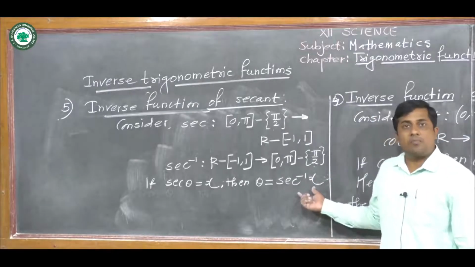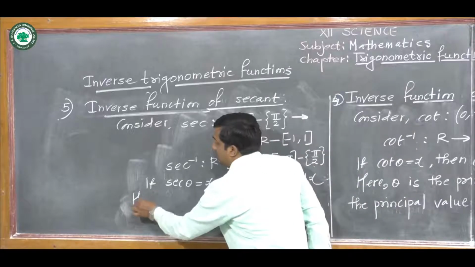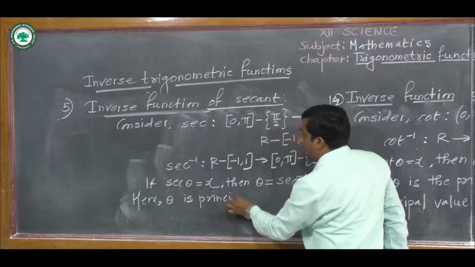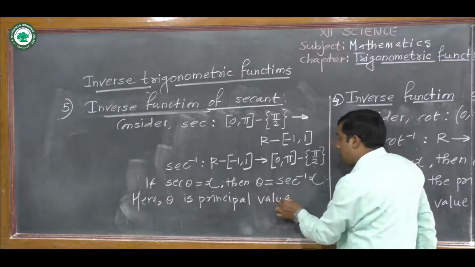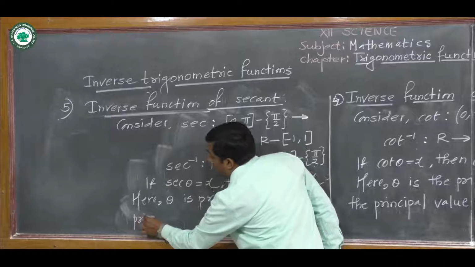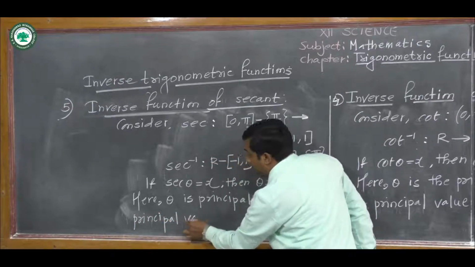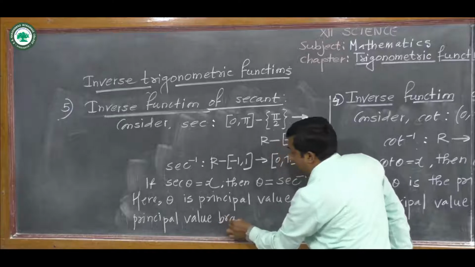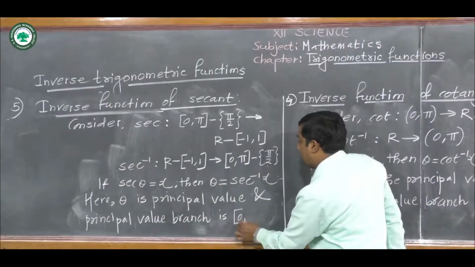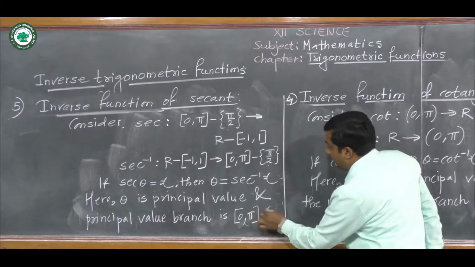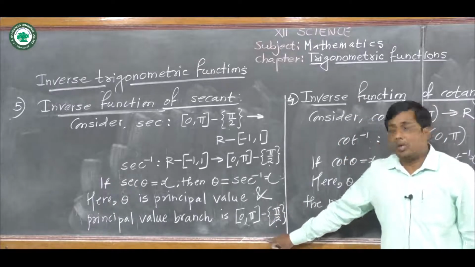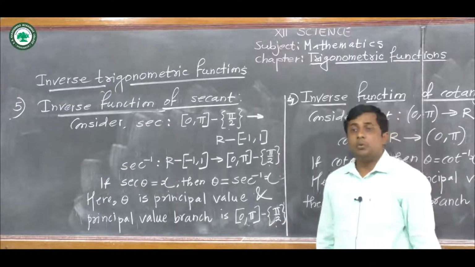Here theta is called the principal value, and the principal value branch for the given function is the closed interval 0 to pi except the value pi by 2. So remember this principal value branch.